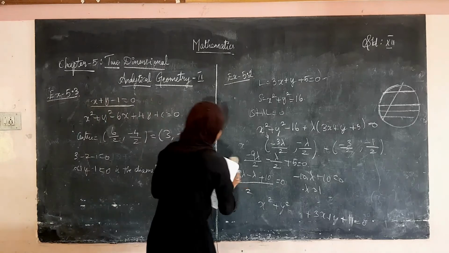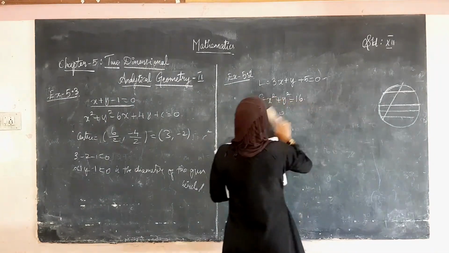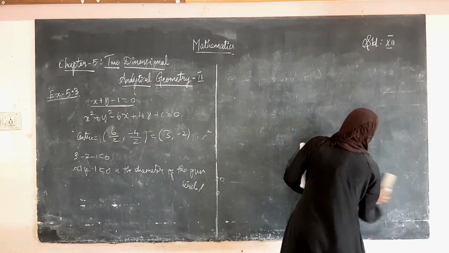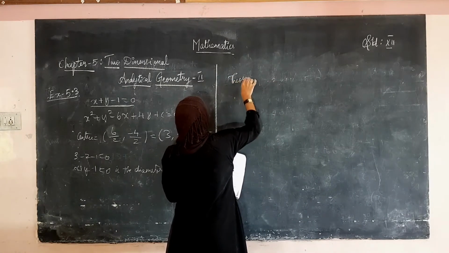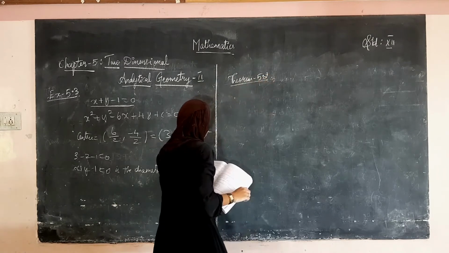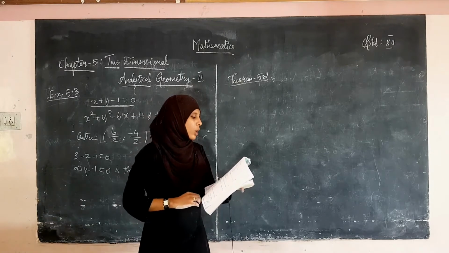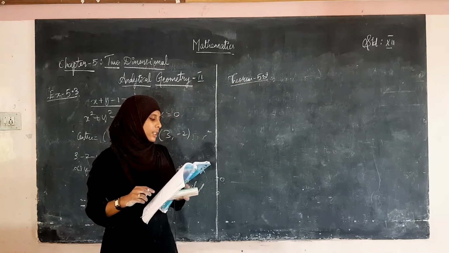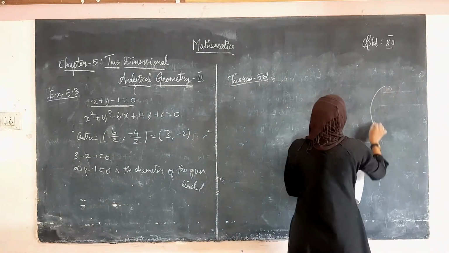Theorem 5.2. The equation of a circle with (x1, y1) and (x2, y2) as end points of one of the diameters of the circle is, so what they have said is, there is a circle.